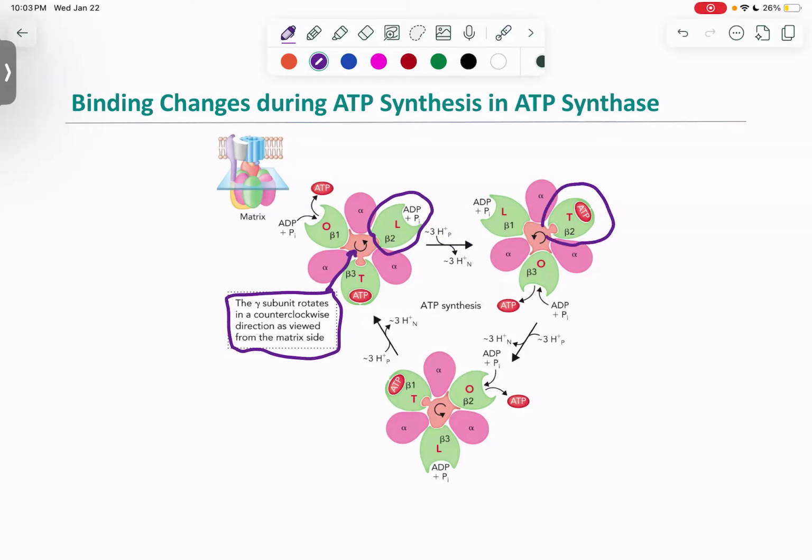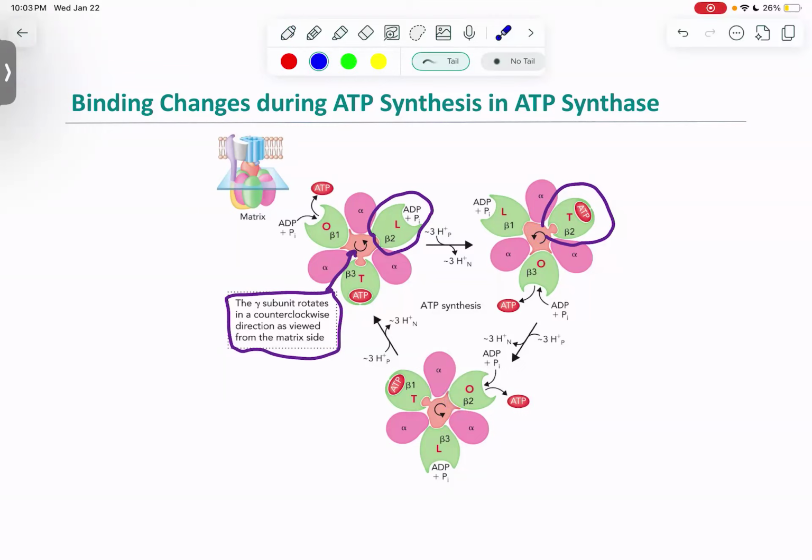So it's bound to ATP, but it's not released. In order to release it, I need 3 more protons to translocate. When those 3 additional protons translocate, then this rotor is going to move again, and now I have this open interaction.